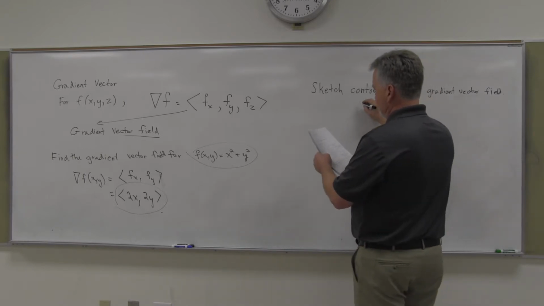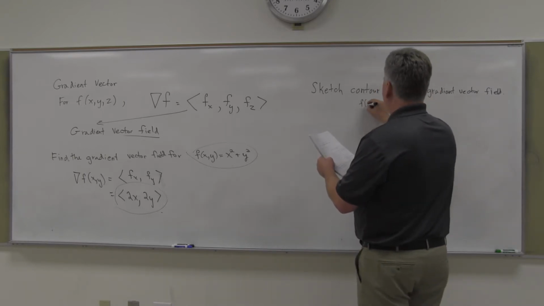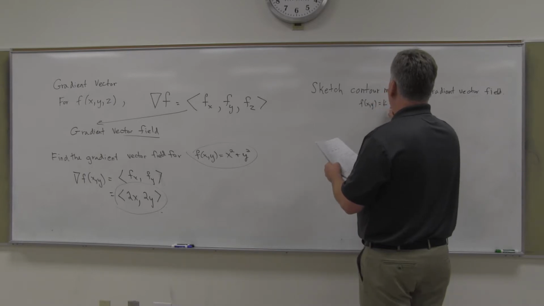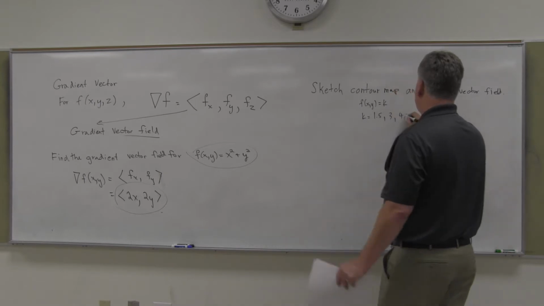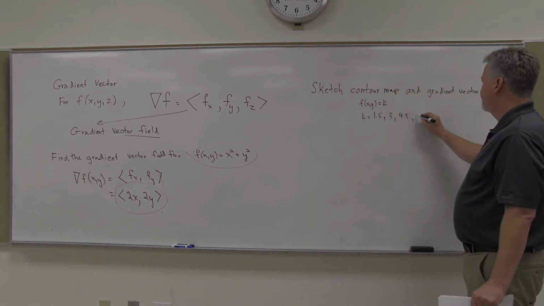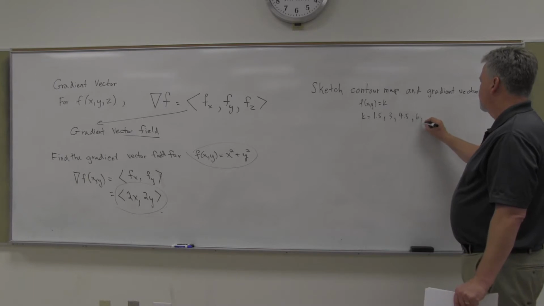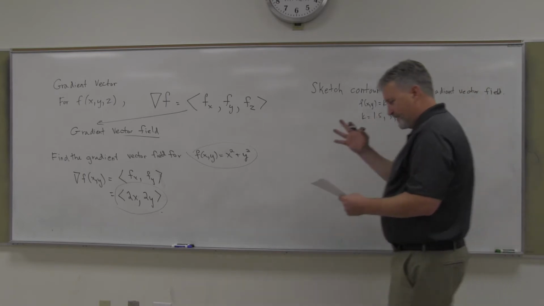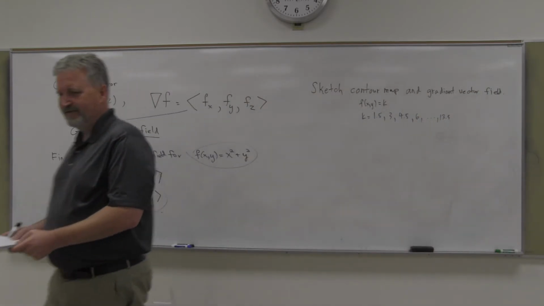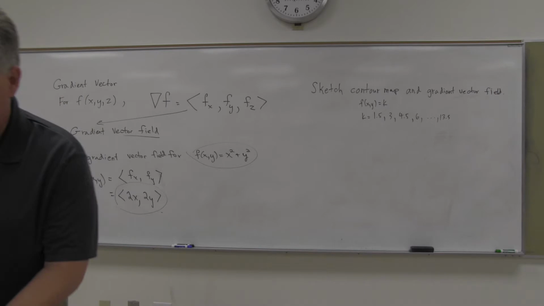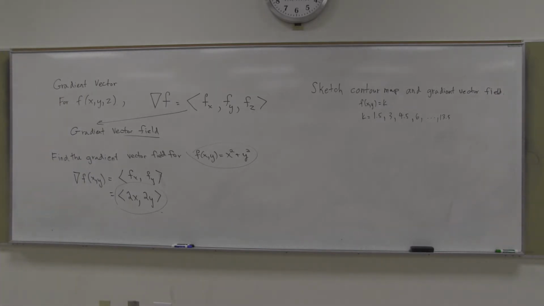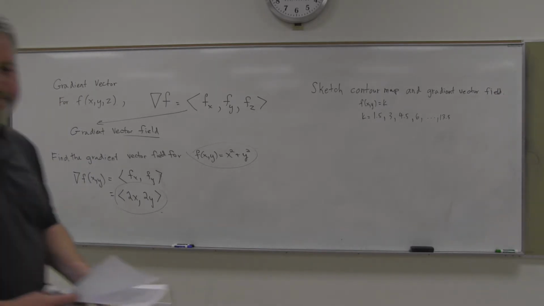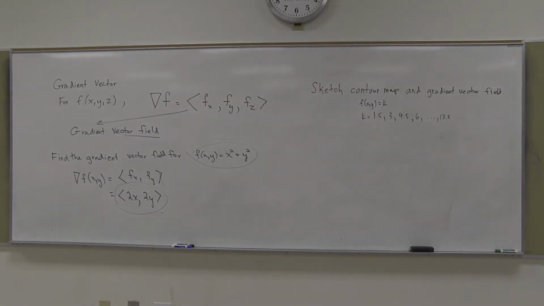And we'll use f of x, y equals k for the contour map. K equals 1.5, 3, we'll go by 1.5s here, 6, all the way out to 13.5. That's what I did. And I've already done this for you, so don't get too excited here. I've already done this.